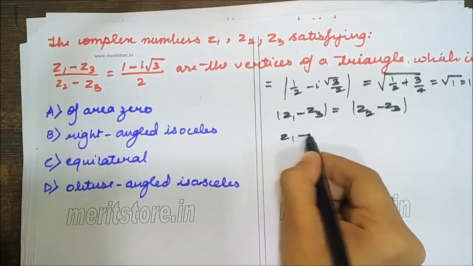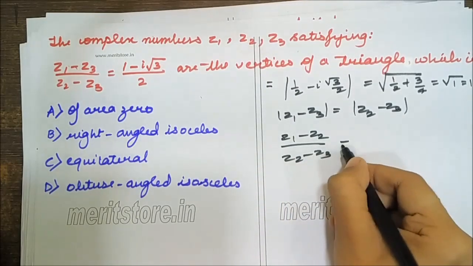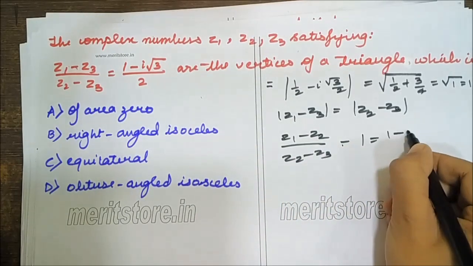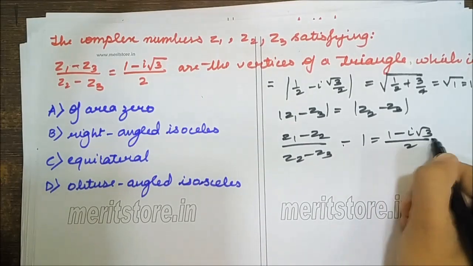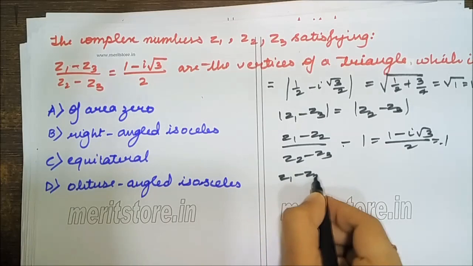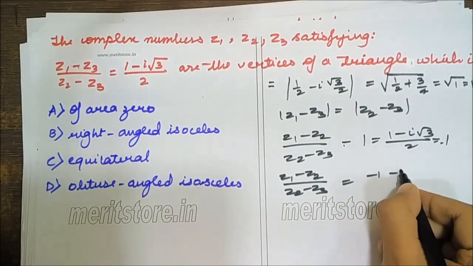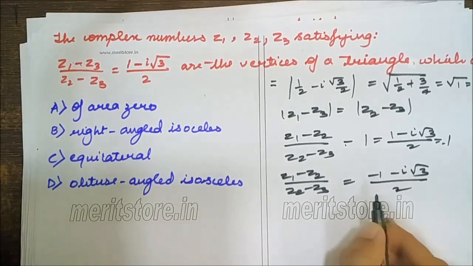So (z1 minus z2) upon (z2 minus z3) minus 1 is equal to (1 minus i root 3) upon 2, which is equal to minus 1. So (z1 minus z2) upon (z2 minus z3) is equal to (minus 1 minus i root 3) upon 2.